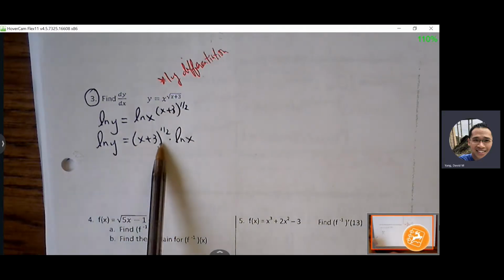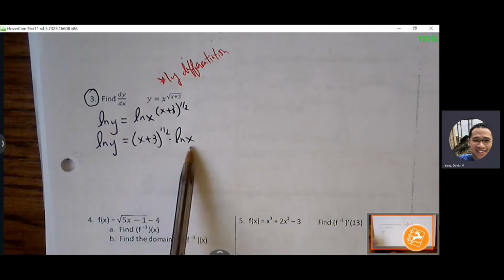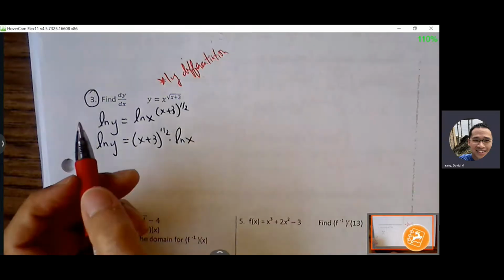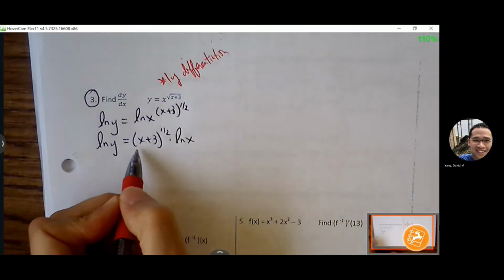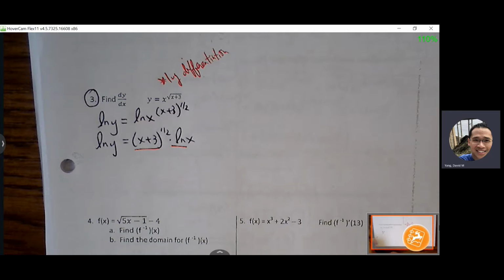The right side, though, what do we have to make sure that we do if we want to find the derivative? How many terms do you see? 2. Product rule.